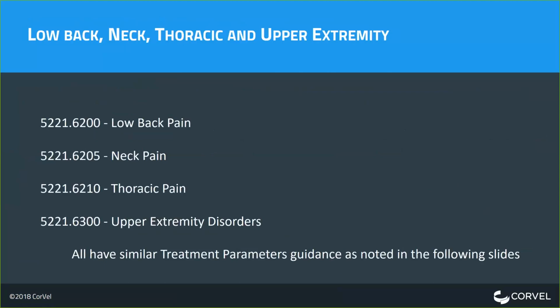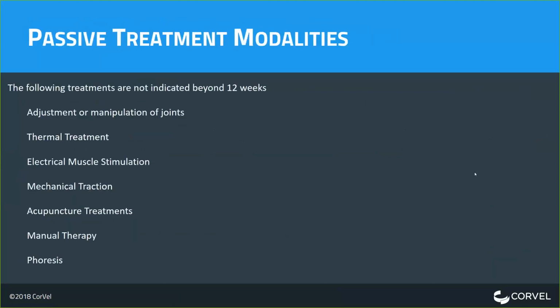So in the Minnesota treatment parameters, as I said before, they don't address all injuries, but there are sections that do address treatment for the low back, for neck, for thoracic pain, and upper extremity disorders. These three sections have some very similar treatment parameter guidelines, and I will note these on the following slides.